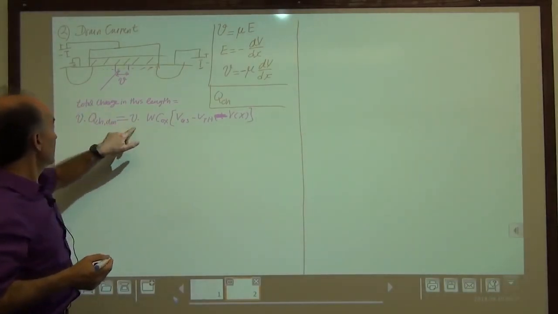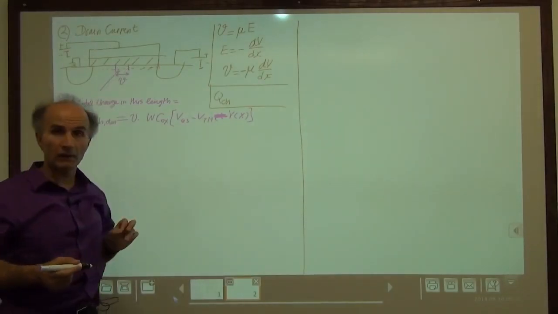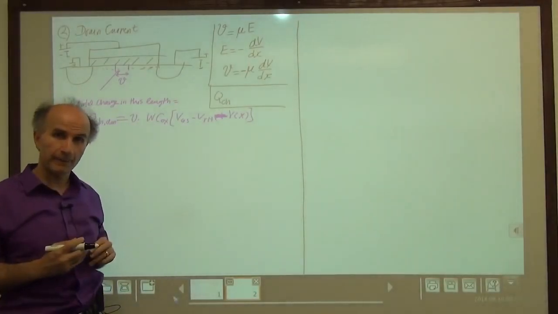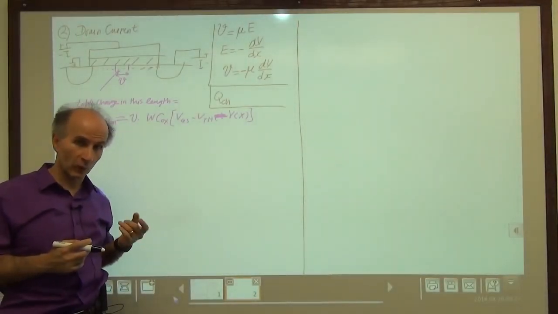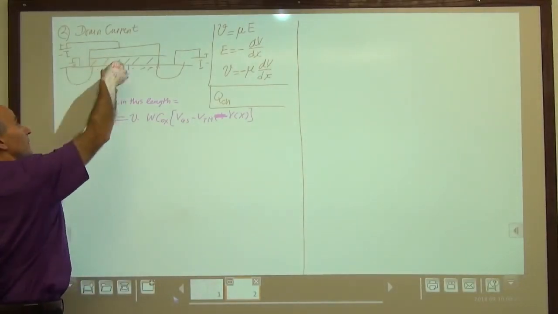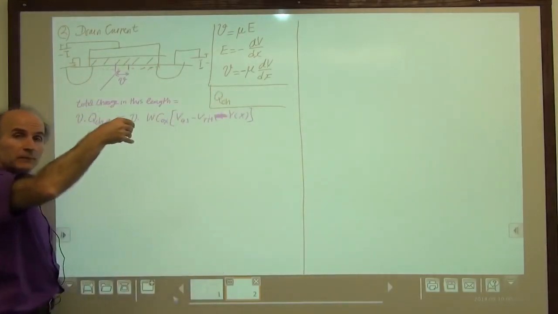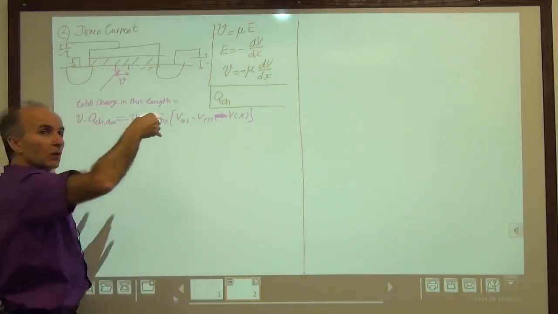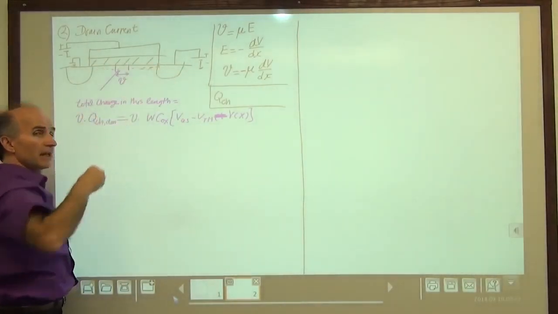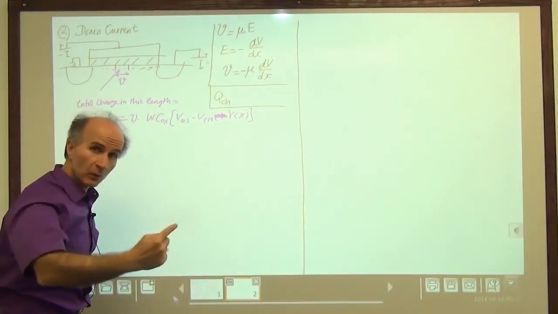Okay, so this is the total charge that I find in this length of the device, if the device has current going through it, and I take a picture. Now, what's the big deal about this? This is a little bar of charge that's moving this way. If I wait 1 second, the charge moves v meters in 1 second.